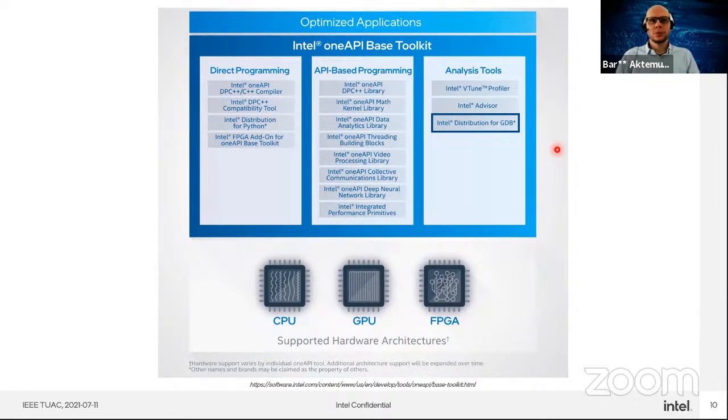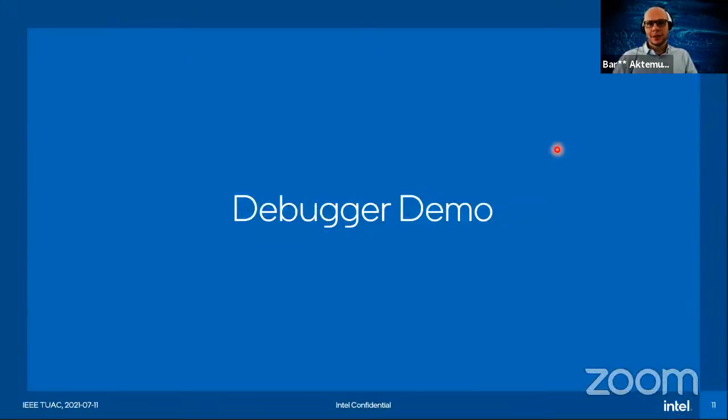My position at Intel is about developing the debugger, so I made contributions to it. That's why I would like to use this opportunity to also present it. I would like to start with a demo, and then I will present how the debugger works, I mean, the internal architecture and the mechanism.